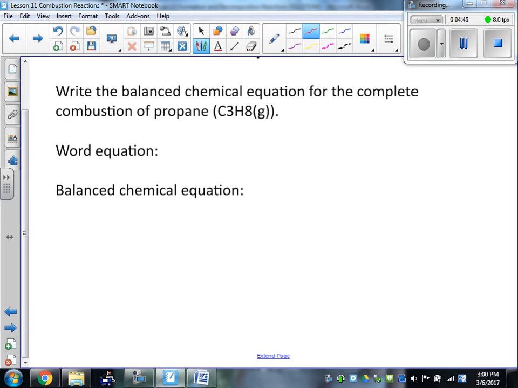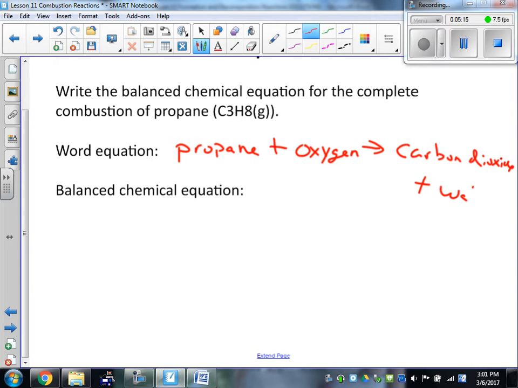For the word equation, I'd say propane plus oxygen gives you, once again, always, carbon dioxide and water.